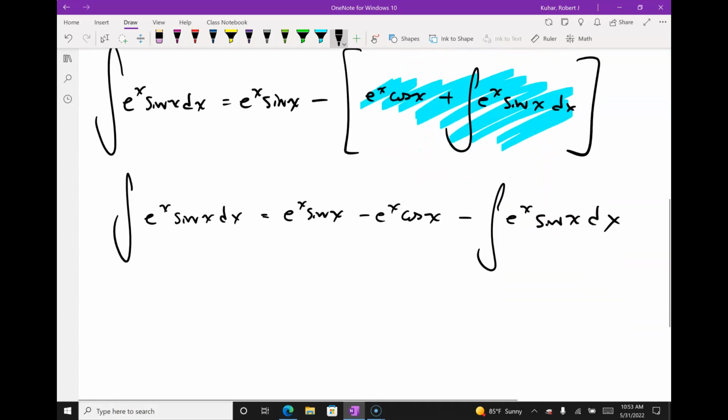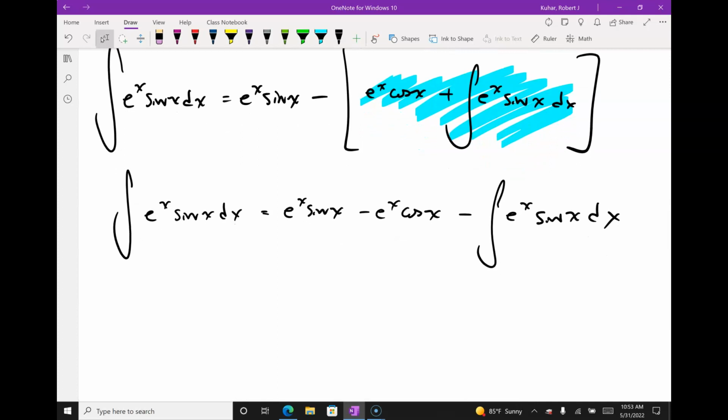So you see I've gotten back to the original problem, right? And this is what I'm calling a loop. When I get back to the original problem.